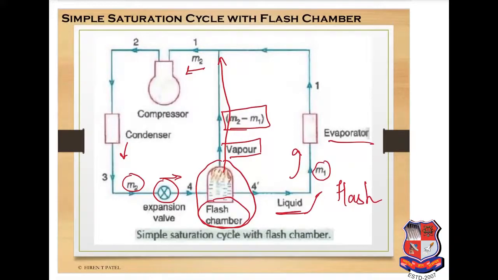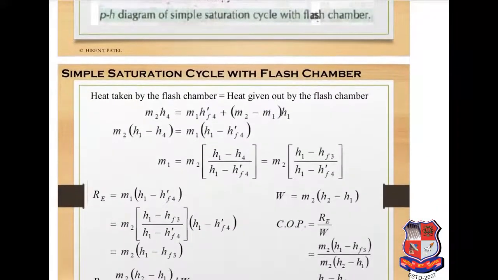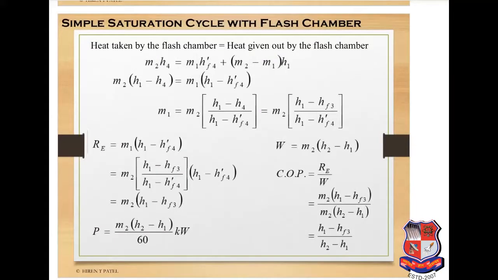to the compressor. Now for the analysis of the system, first we have to do a heat balance. The heat taken by the flash chamber is equal to the heat given out by the flash chamber. So the heat taken by the flash chamber is m2 h4.